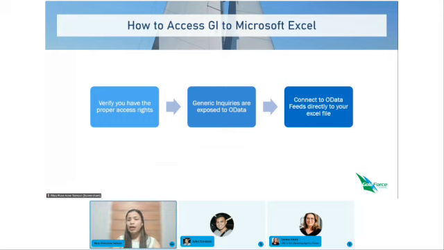First, you have to make sure that you have the OData access role added to your user account. Second, you have to make sure that the generic inquiry that you want to access has been exposed to OData. And then lastly, once it has all been set, you can now access your Acumatica data directly in your Excel file.